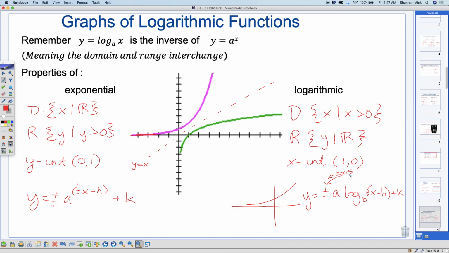And what's this plus or minus do? The y-axis. What's this h do? Horizontal. Left and right, correct? And what's that k do? Up and down. Now, remember the horizontal is always the opposite direction, yes?